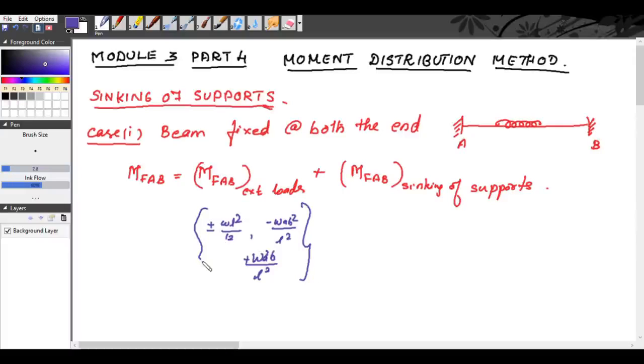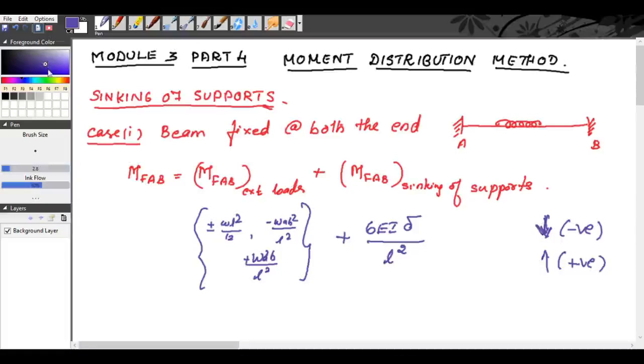Now, if there are sinking of supports, your fixed end moment becomes plus 6EI del by L square. And if the net sinking is downwards, then that is negative. If the net settlement is upwards, it becomes positive. So hope you understood. So this is for the first case.